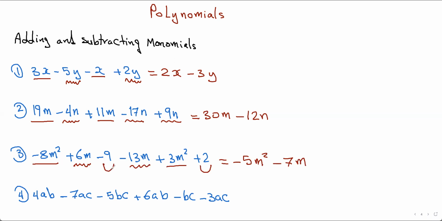And then I have the negative 9, jump over, negative 9 plus 2 is negative 7. I think some students sometimes get confused. They go negative 9 and they look at the sign here, minus, they think it's minus 2. No, you don't. This sign belongs to the 13m. So because these are like terms, I go negative 9, jump to there, and then plus 2. Negative 9 plus 2, and that gives me negative 7.